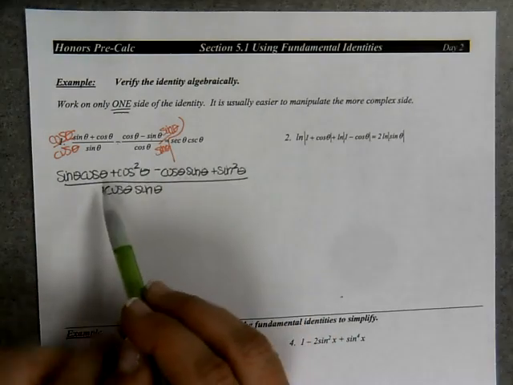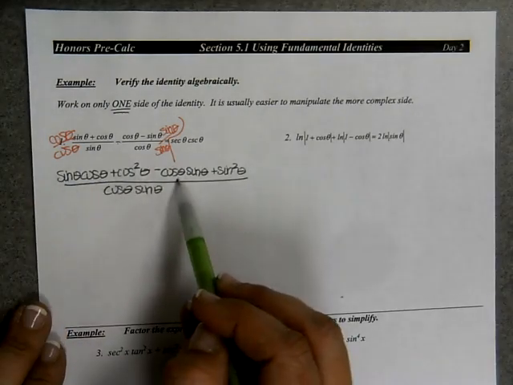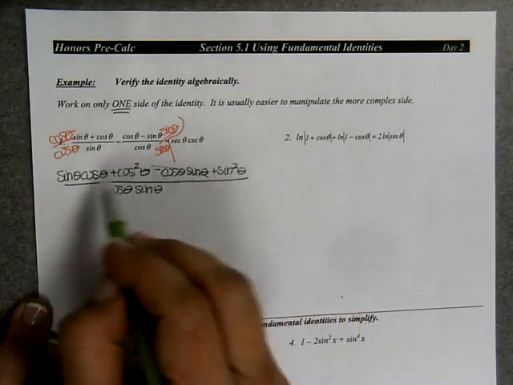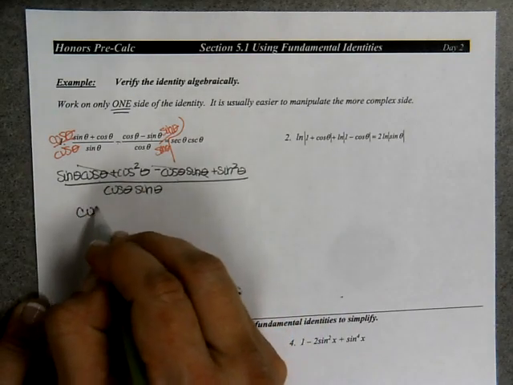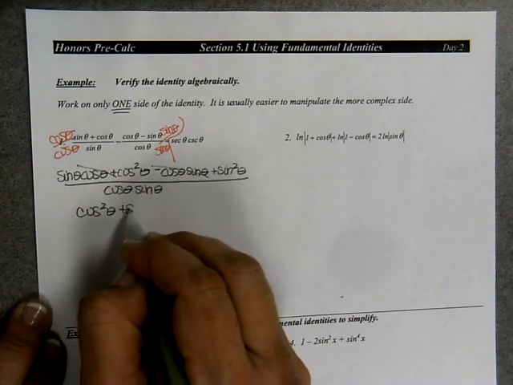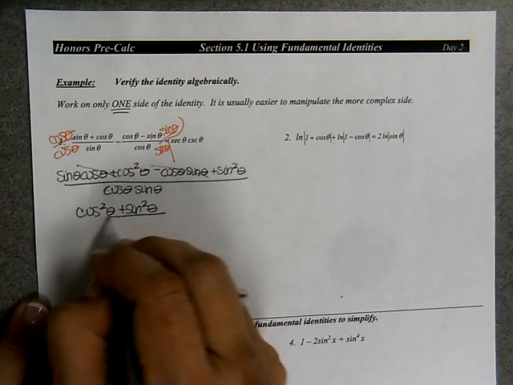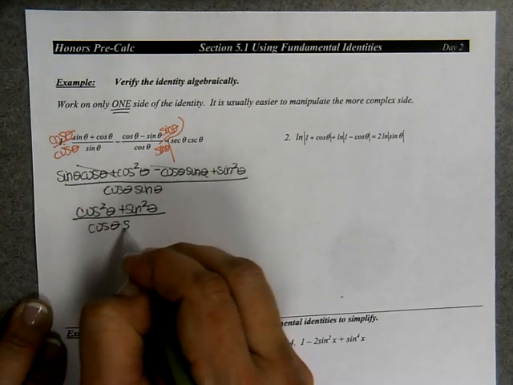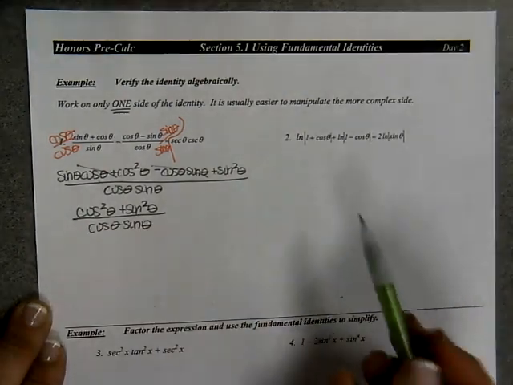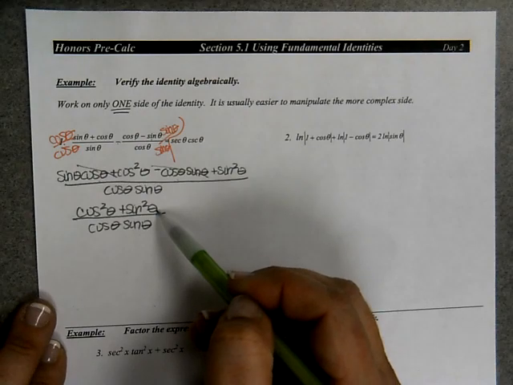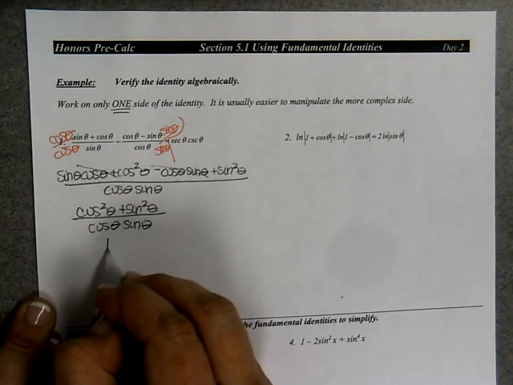So notice that this sine theta cosine theta and this negative cosine theta sine theta, these cancel. So we're left with cosine squared theta plus sine squared theta over cosine theta sine theta. And look, one of our trig identities: cosine squared theta plus sine squared theta is 1.